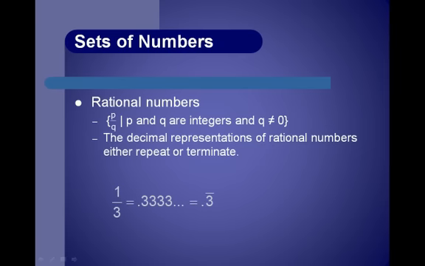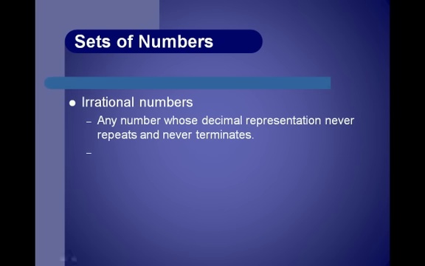For example, 1/3 is a rational number. 1 is an integer, 3 is an integer, and as a decimal, that is 0.3 repeating. 1/4 is also a rational number, because 1 and 4 are both integers, or written as a decimal, 0.25 is a terminating decimal.